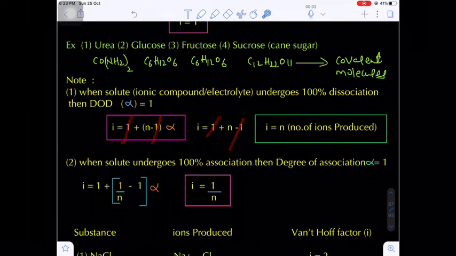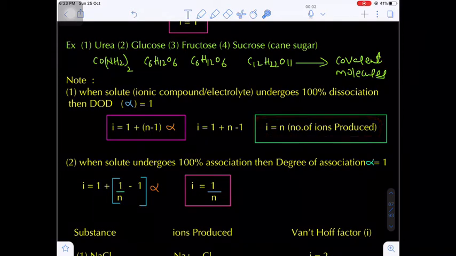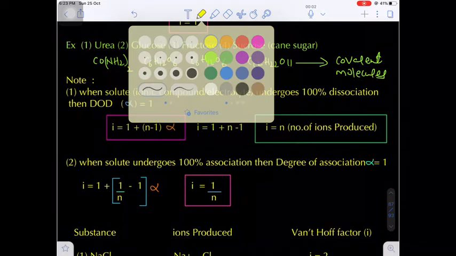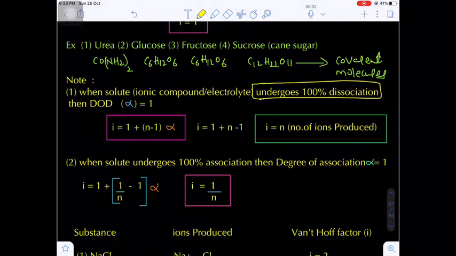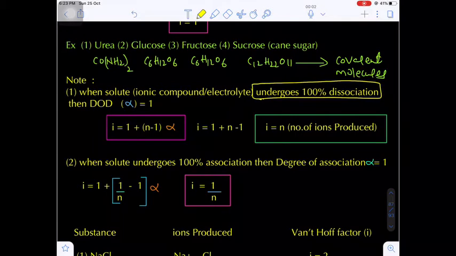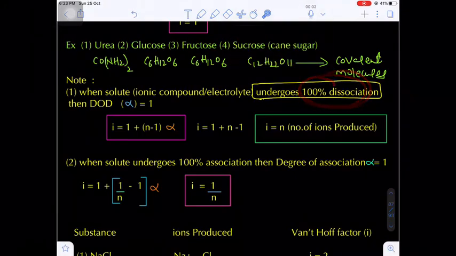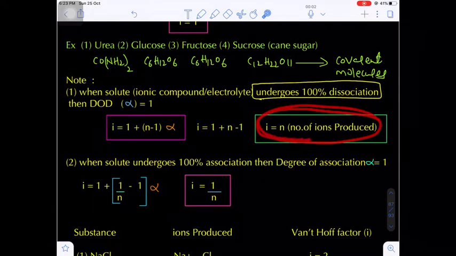So finally you will get the iota value equal to the number of solute particles produced after the dissociation. This is very, very important. Unless in the question the degree of ionization is mentioned, we have to assume the solute undergoes 100% dissociation. Otherwise, if it is mentioned in the question, we have to consider the alpha value accordingly. If the alpha value is not given, then what do we have to assume? The solute should be 100% ionized. In that case, what should be the iota value?